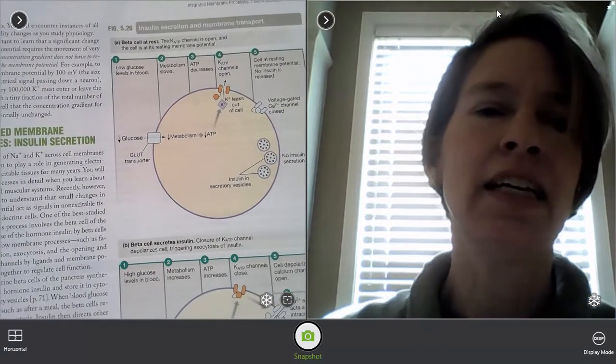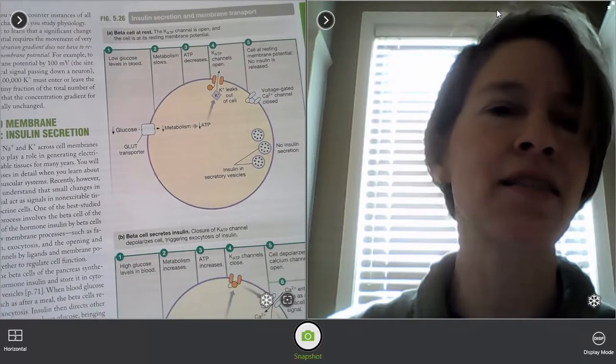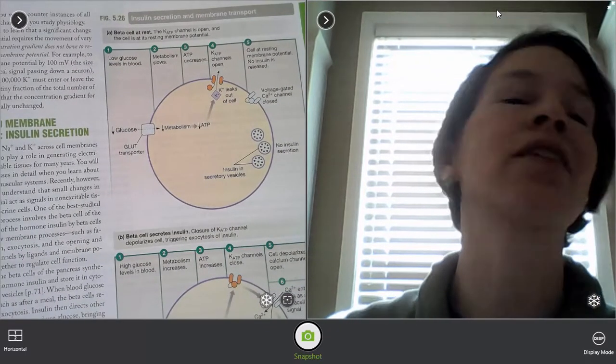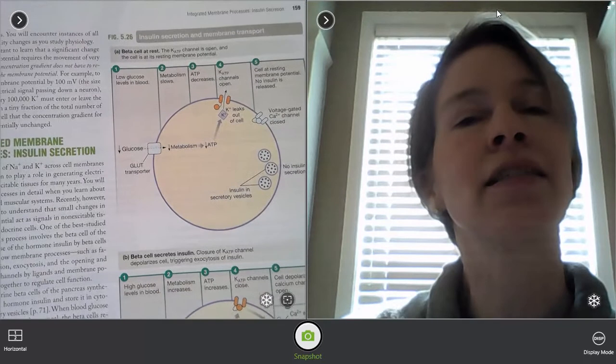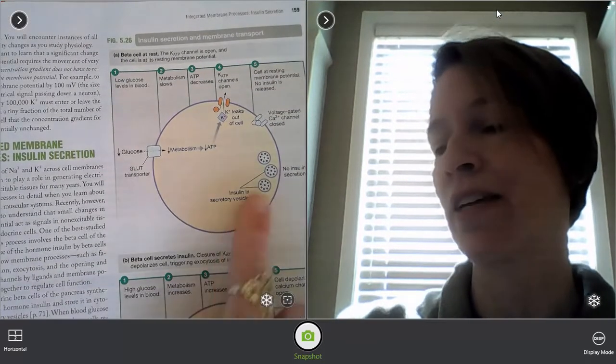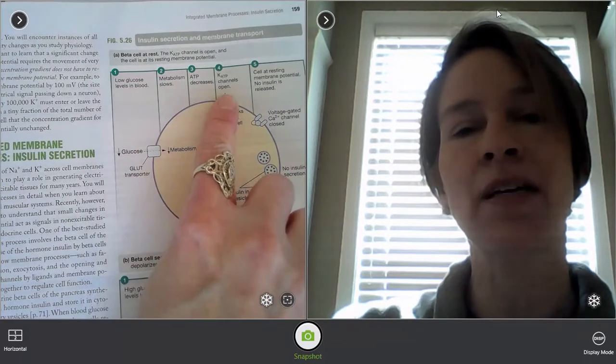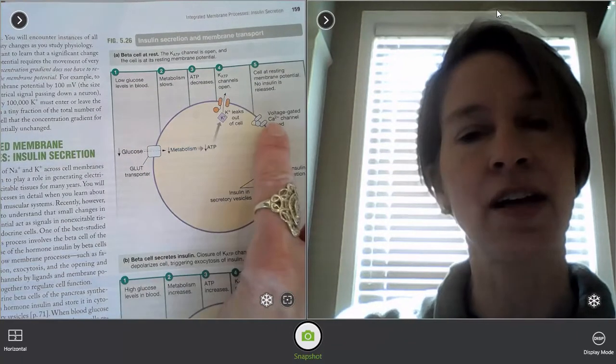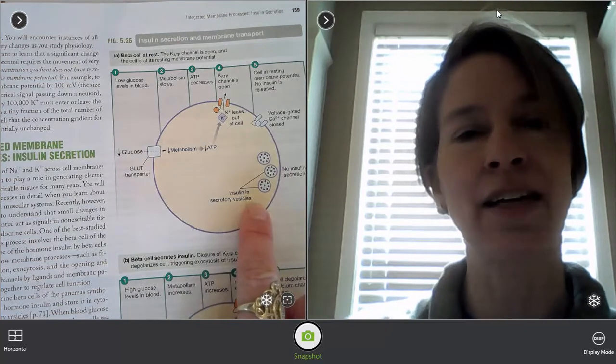Chapter 5, it just shows you the beta cell at rest. It's weird because it's electrically excitable, and it is not sending an electrical message here. So the leaky channels are open, voltage-gated calcium channels are closed, insulin is not being secreted.